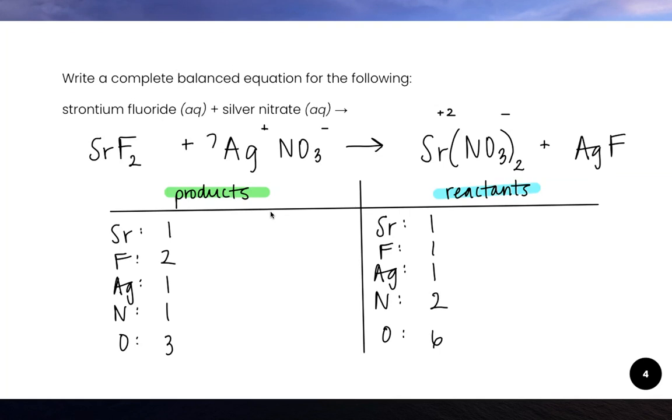I'm going to do that by adding a coefficient in front of silver nitrate. Now I need to add a coefficient in front of silver fluoride. There you go. Balanced.